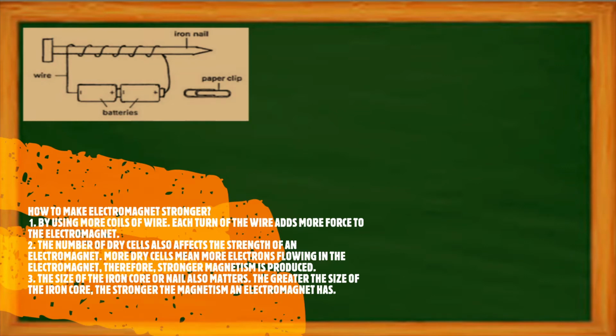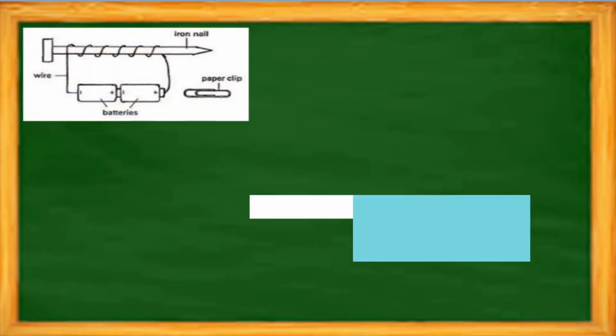More dry cells mean more electrons flowing in the electromagnet, and therefore stronger magnetism is produced. The size of the iron core also matters. The greater the size of the iron core, the stronger the magnetism an electromagnet has.